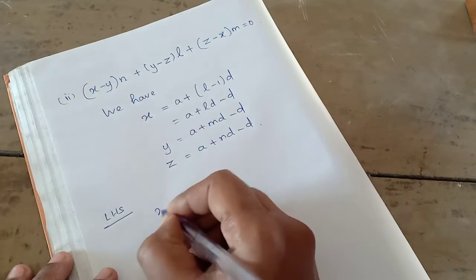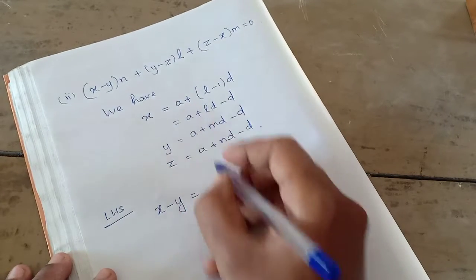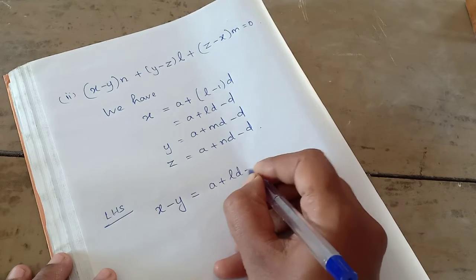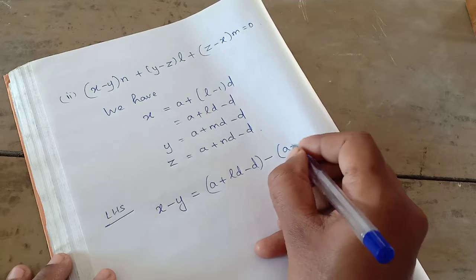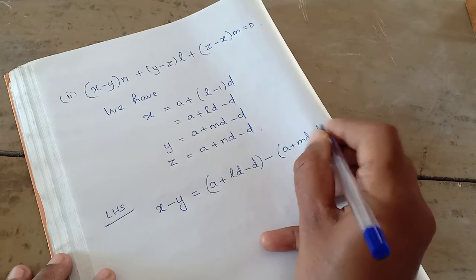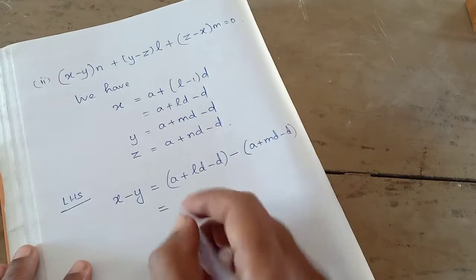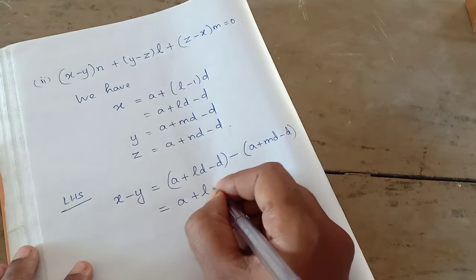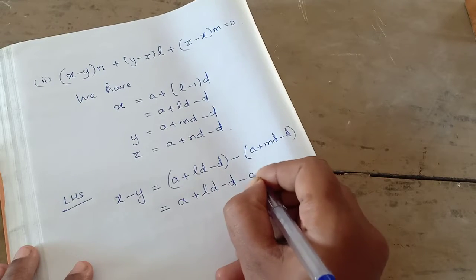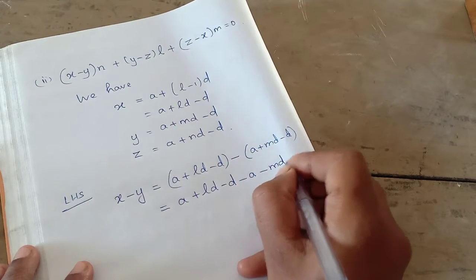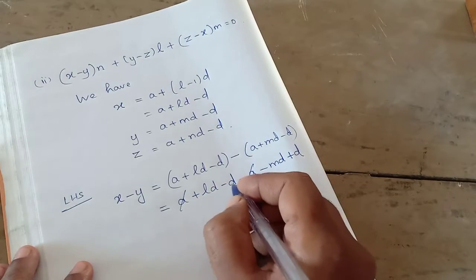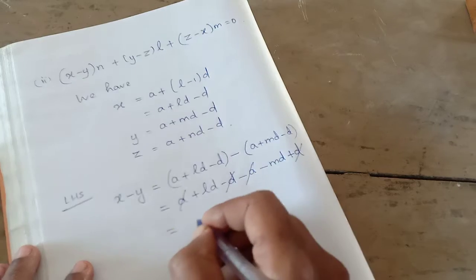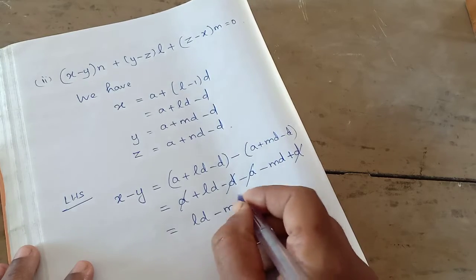First bracket term. X minus y, which is equal to, here x value, a plus LD minus D, bracket compulsory, minus a plus MD minus D. So just multiply the minus inside. A plus LD minus D minus A minus MD plus D. So any cancellation? A and A cancel, D and D cancel. So LD minus MD.